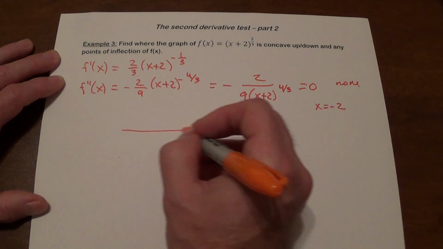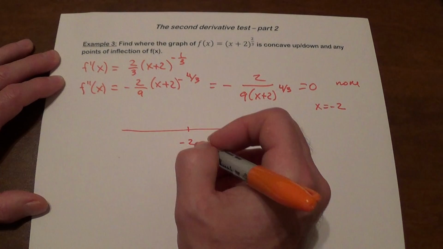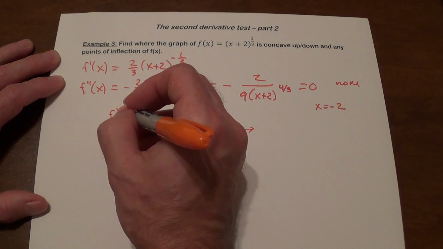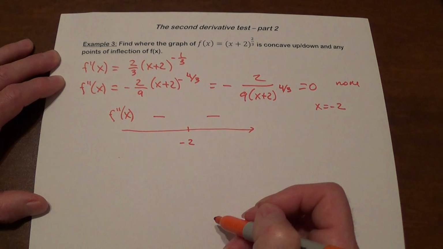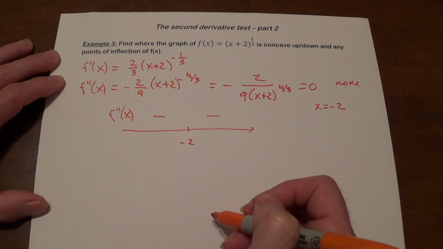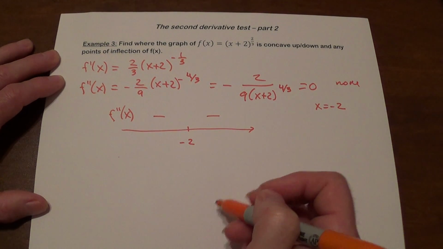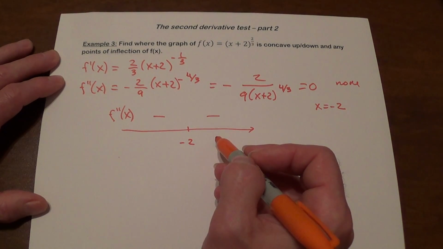We're going to make a number line. We put negative 2 here, f double prime of x. The signs will be minus, minus. So here's what's going to happen with this function. First of all, you don't see a sign change, which means you do not have a point of inflection.